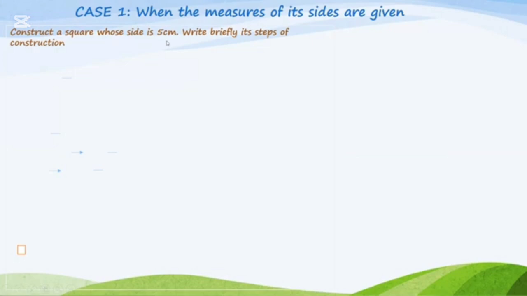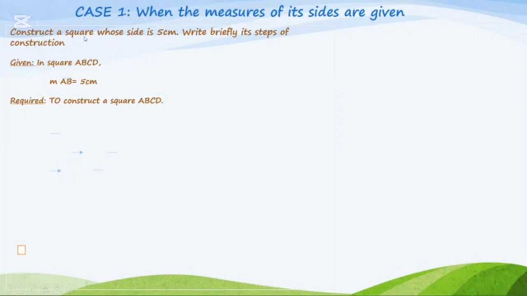if one side is given, according to the definition, we know that all the sides are congruent in a square. So if one side is equal to 5 centimeter, all the other sides are also equal to 5 centimeters. So first we have to write given that in a square. One more thing: in this question the name of the square and its vertices are not mentioned, so you can mention the name.